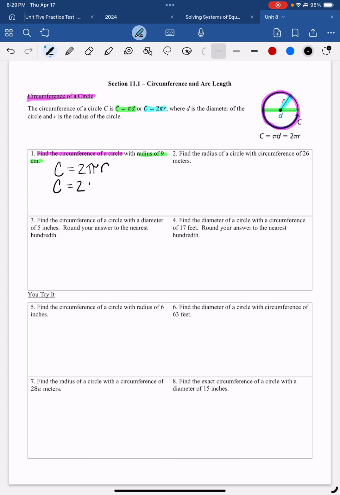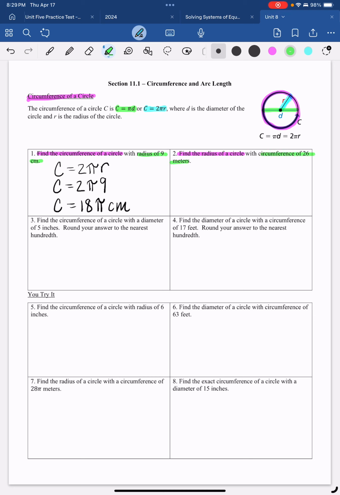We have 2 pi, and then the radius is going to be 9 centimeters. And all we have to do is multiply the 2 and the 9. So our circumference would be 18 pi, and then we're going to use the same units as our radius, so we would have centimeters.